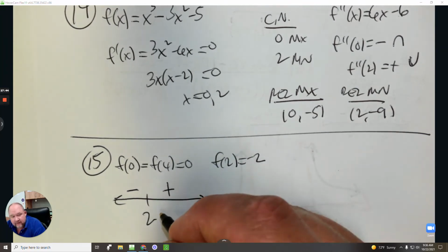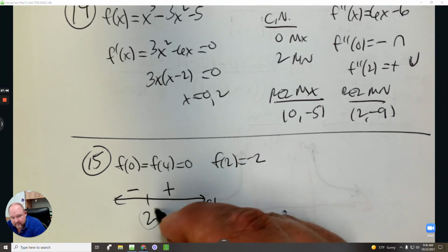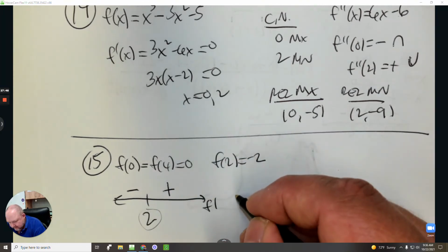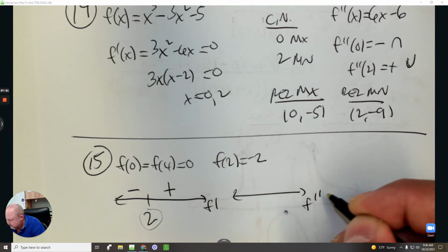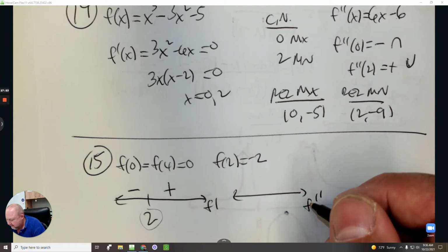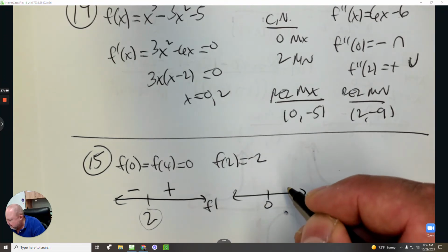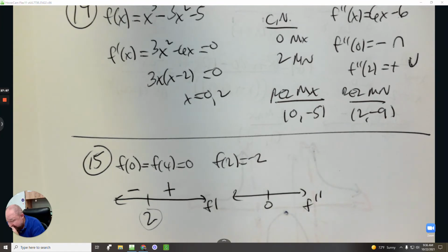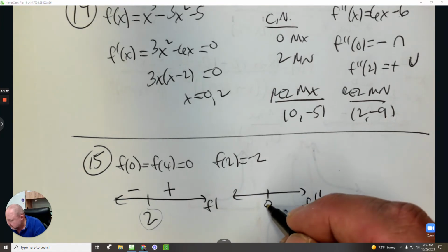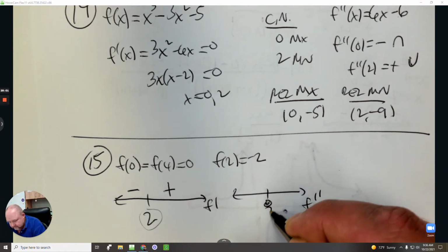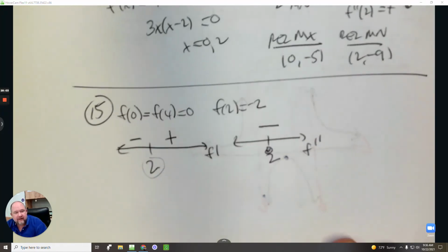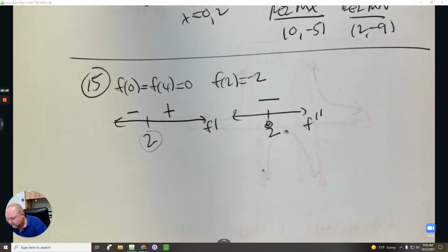And the derivative doesn't exist here, so it's undefined here. And then do a second derivative. It says the second derivative is negative, except at 2. So the whole thing is negative, but it's undefined there.